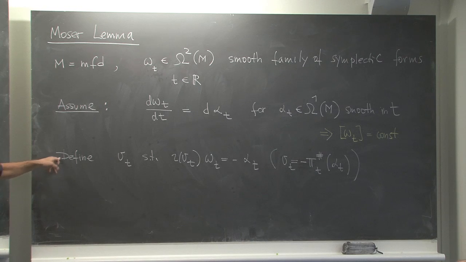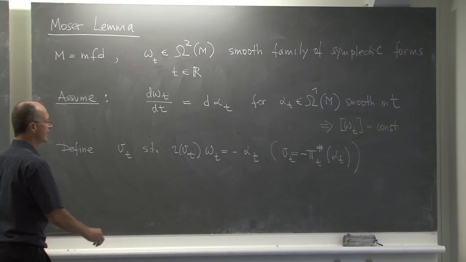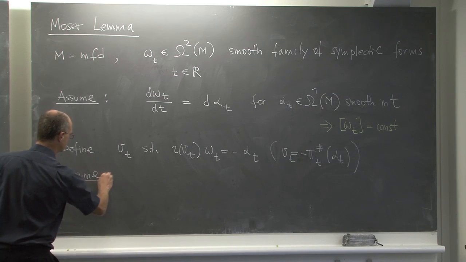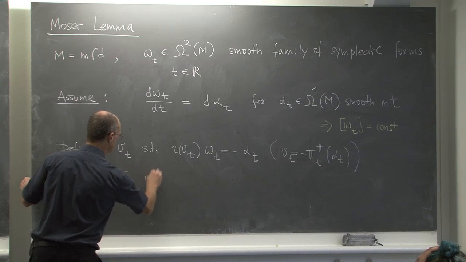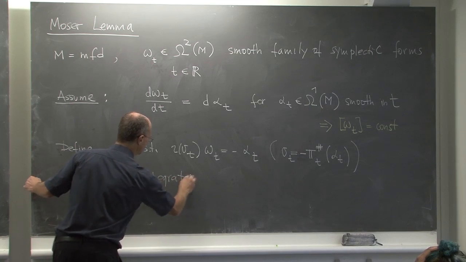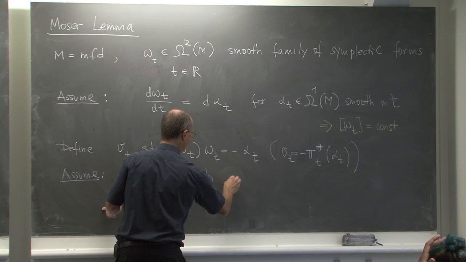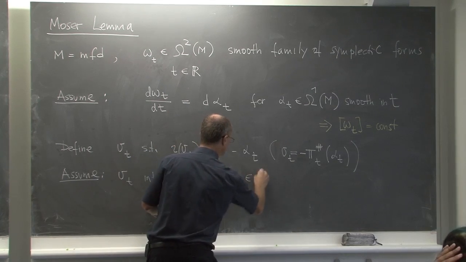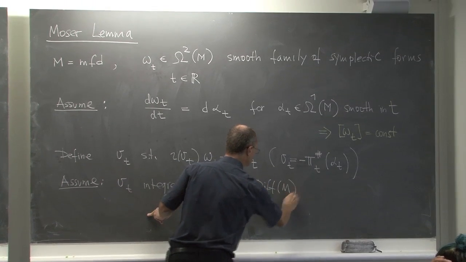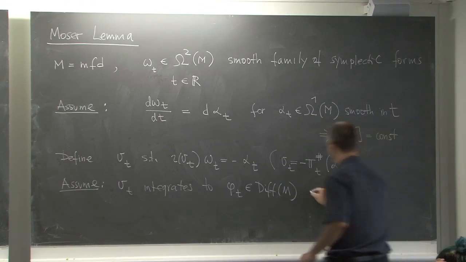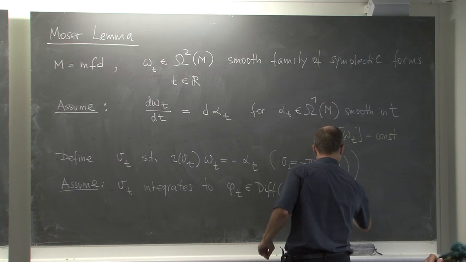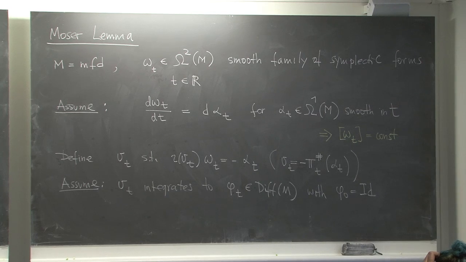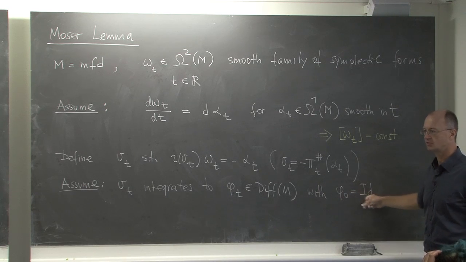Right. So we define this family of vector fields, and now assume Vt integrates to, let's say, phi t, a family of diffeomorphisms of M with phi 0 equal to identity.